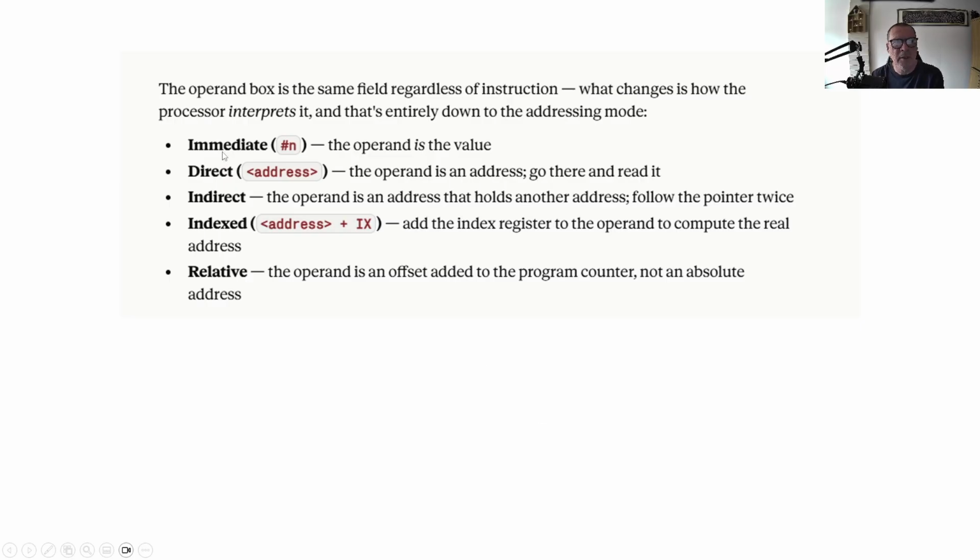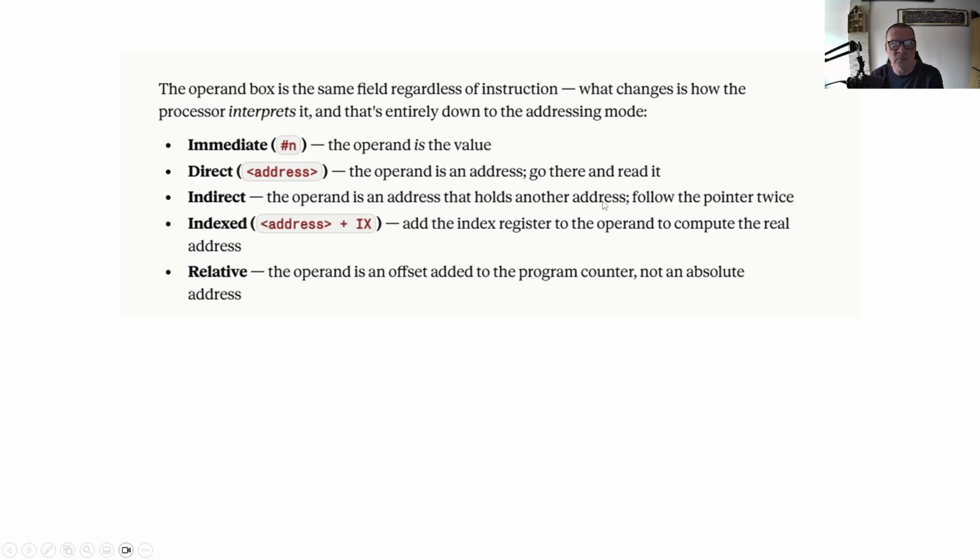So just to recap again, immediate: the operand is the value, it contains the value immediately, you don't need to go anywhere. Direct: the operand is an address, you go straight to that address and then you read the data at that address. Indirect: the operand is an address that holds another address. So you use the address you're given to go to another address, and then at that address you will get the value.